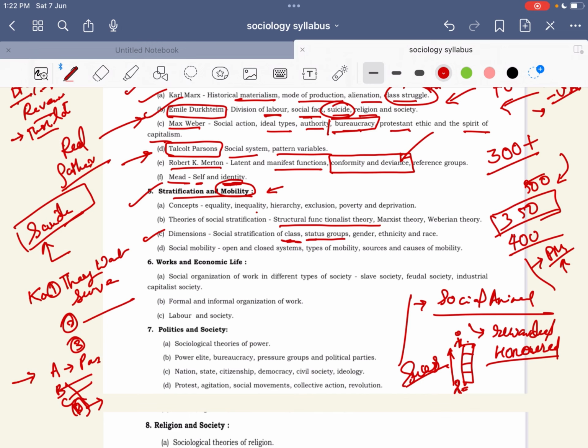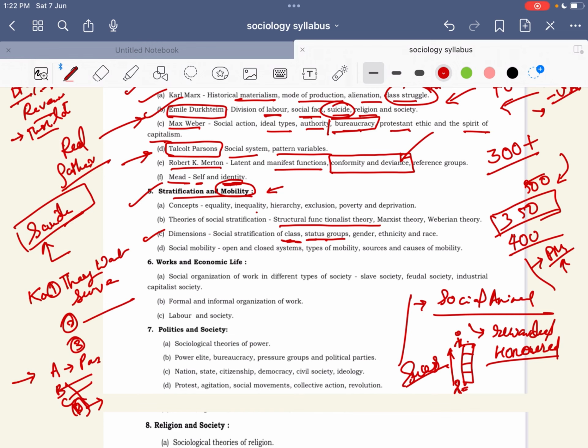It is the Indian caste system. In the Indian caste system we will see different castes, and according to caste there is a status of that particular caste. So that is a status group, that is not a class. The Indian caste system is based on status, and the western is based on class, that we are going to study.